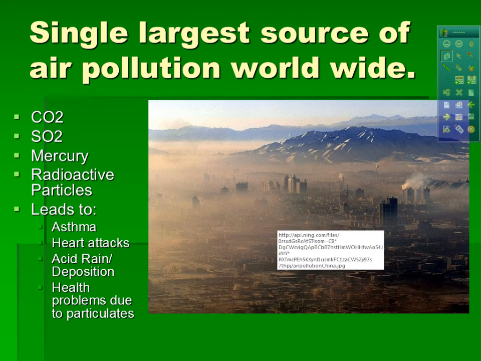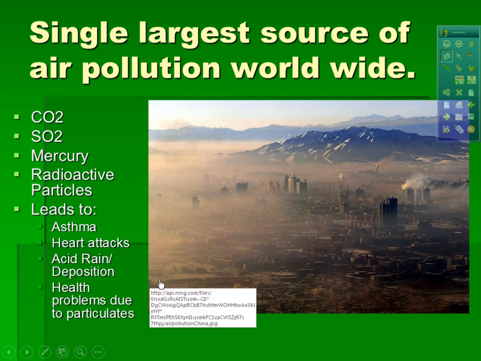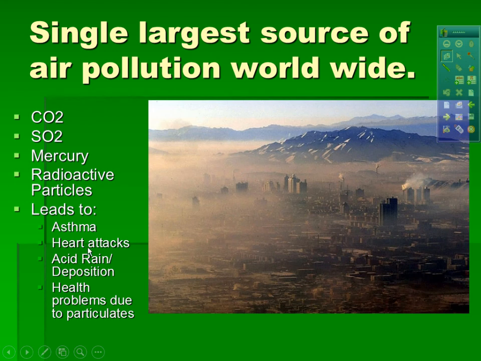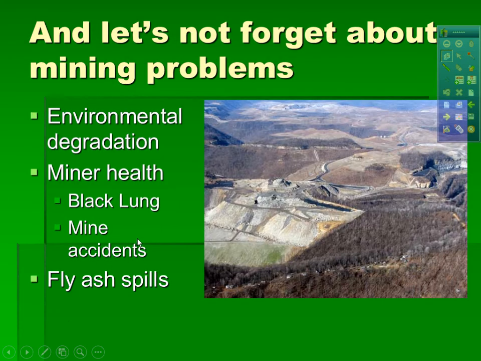Okay, coal is the single largest source of air pollution. Huge amount of air pollution. Carbon dioxide, sulfur dioxide, mercury, radioactive particles, all of that, which then leads to human health risks. And we're going to talk about these a lot more and in a lot more detail when we get to the air and air quality unit. So just know that most of this air pollution is coming from coal use.